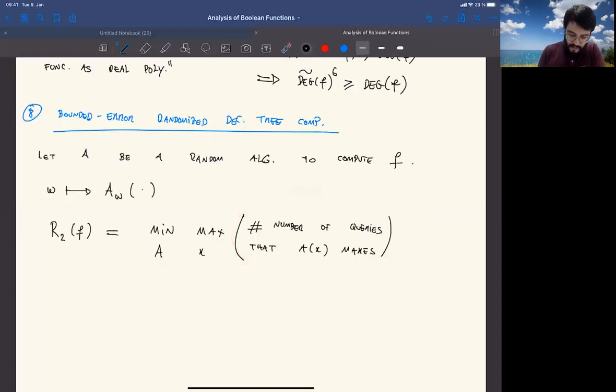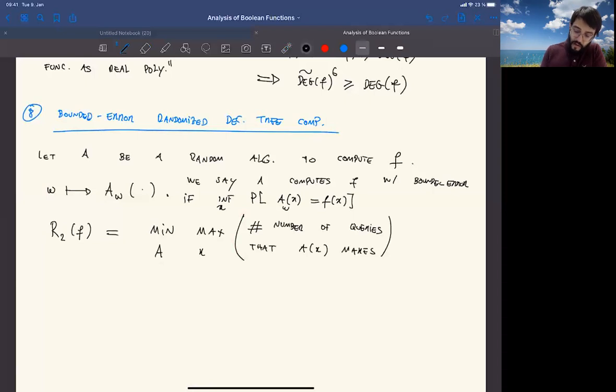And there is a constraint, of course, which is that we say A computes F with bounded error if the infimum over all the x's of the probability that A of x equals F of x, where the probability is taken over this implicit omega variable, is greater than or equal to 2/3.